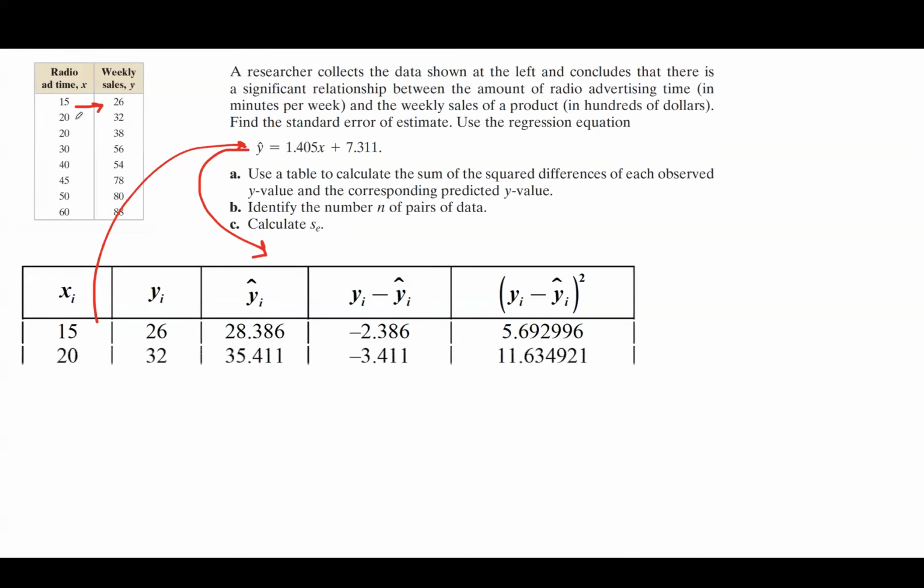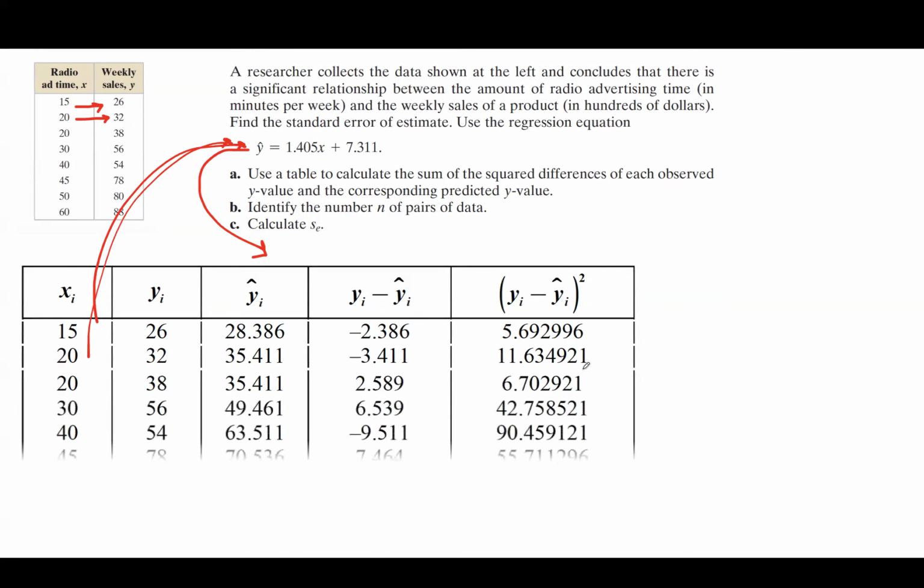The second x value is 20, and its y value is 32. If you plug this number into the regression line, it gives you a predicted value of 35.411. The difference between the actual and predicted y value is negative 3.411. If you multiply this by itself, you get 11.634921.